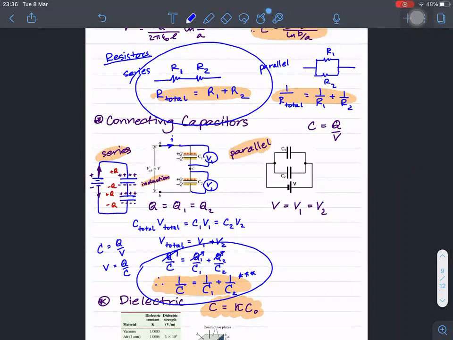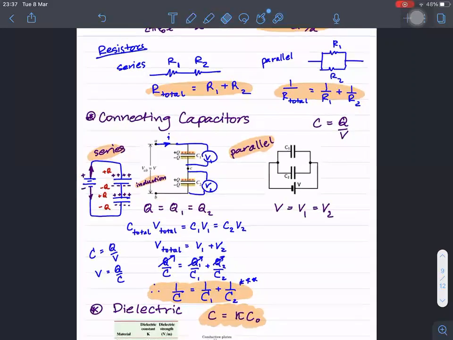But if you are remembering this formula for exams or for practice, just note that for R in series, you just add. But for C in series, you need to add the inverse of the C, right?